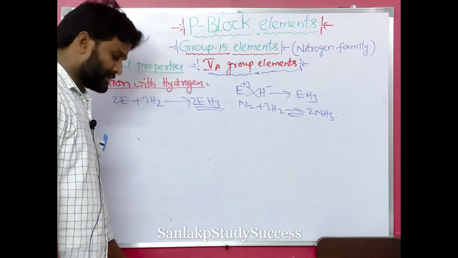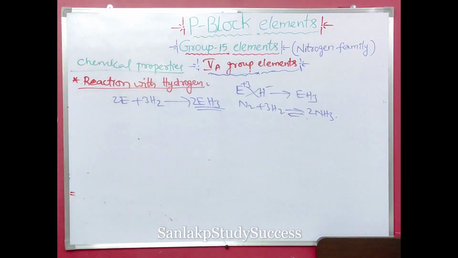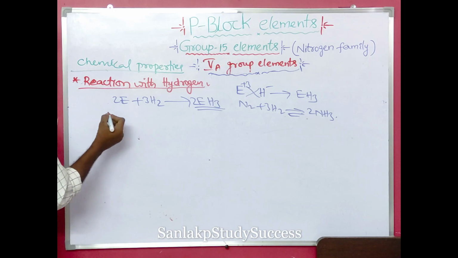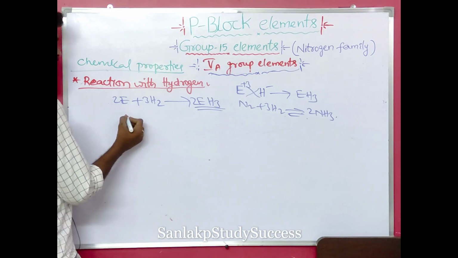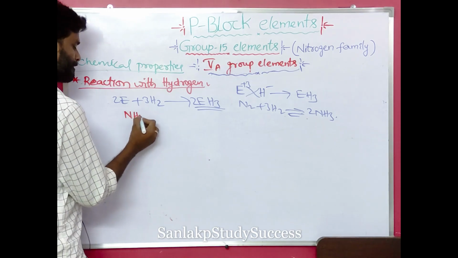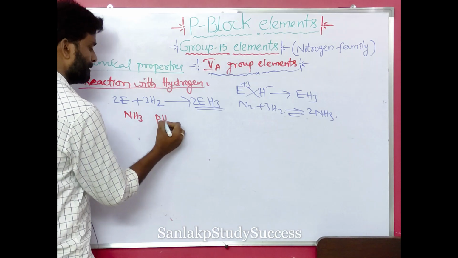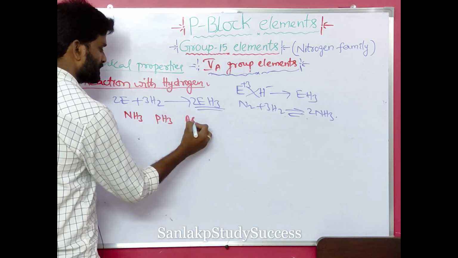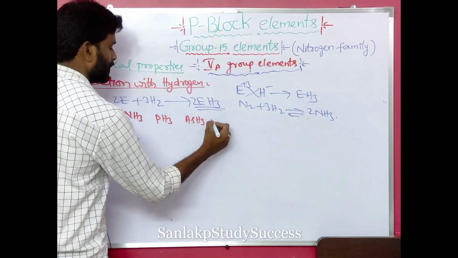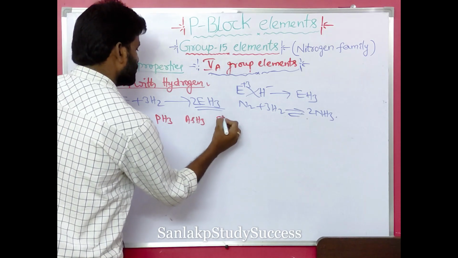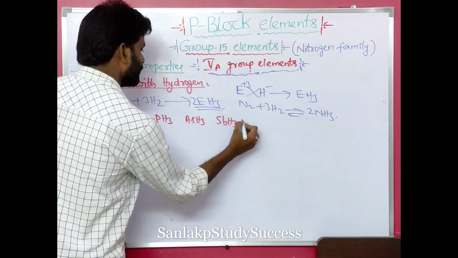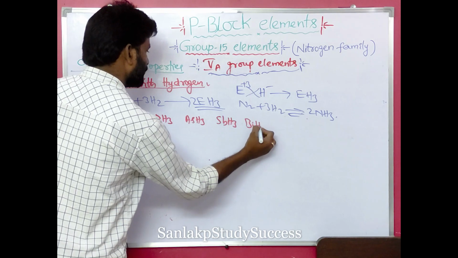EH3 type of hydrides. So what are these hydrides? NH3, PH3, AsH3, SbH3, BiH3.